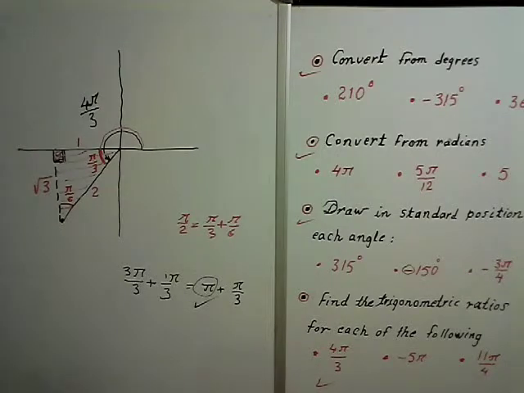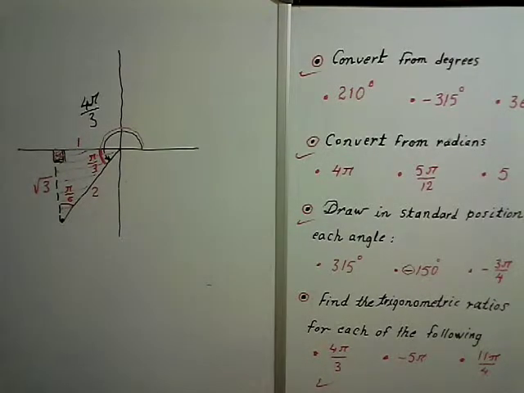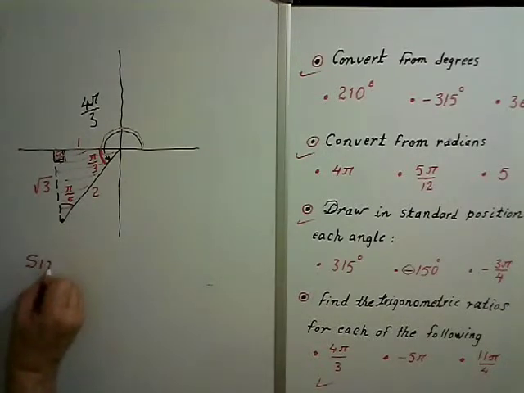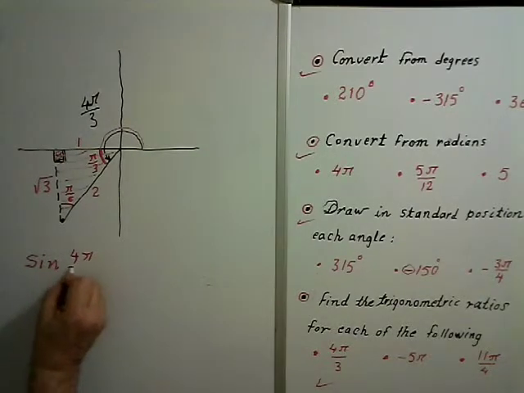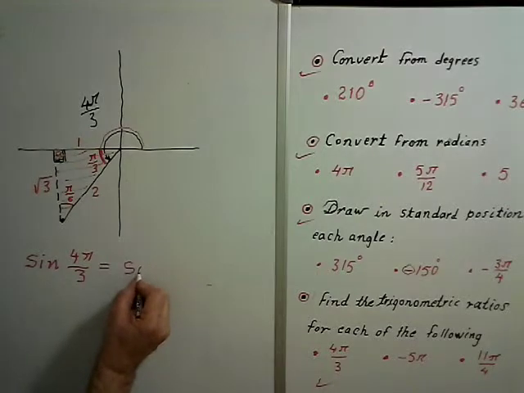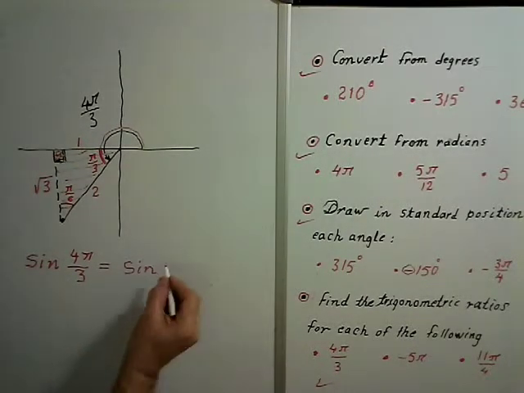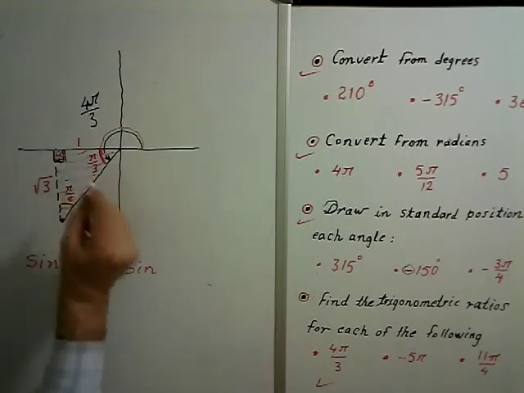Okay? So we can say here sine 4 pi over 3 is equal to sine of pi over 3.